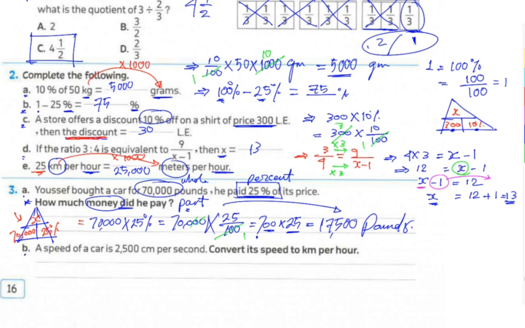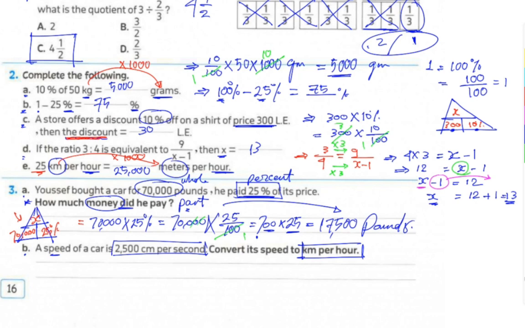B. A speed of a car. We have some car that runs at 2,500 centimeters per second. Convert its speed to kilometers per hour. So in this problem, I need to change the unit.